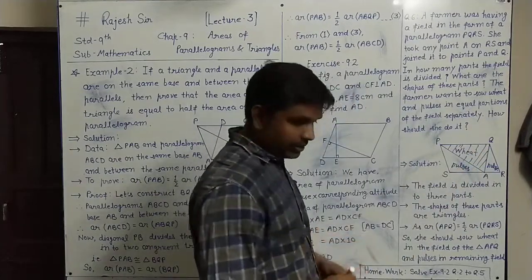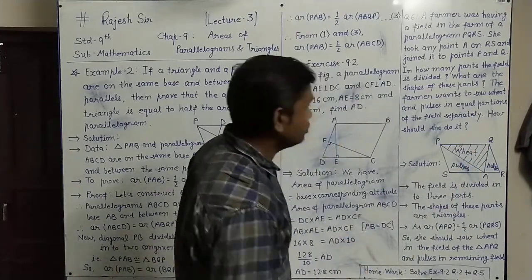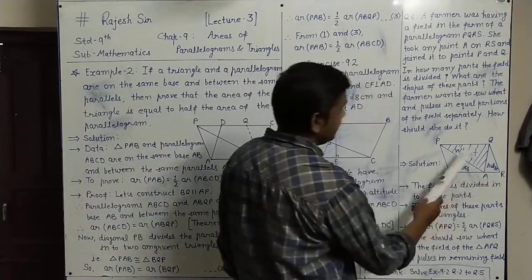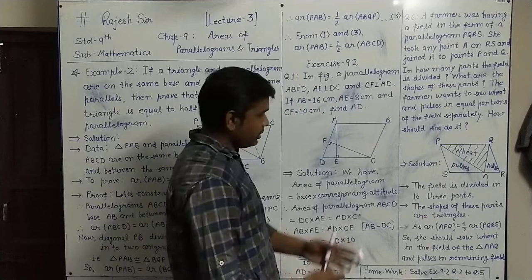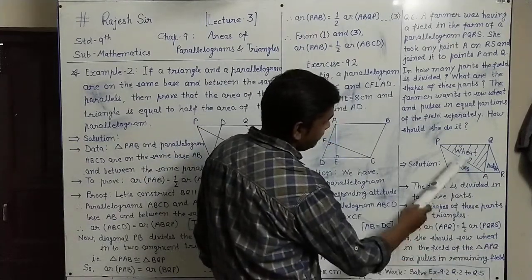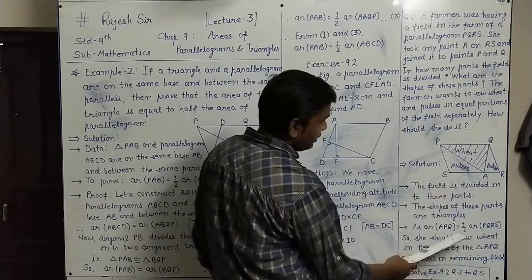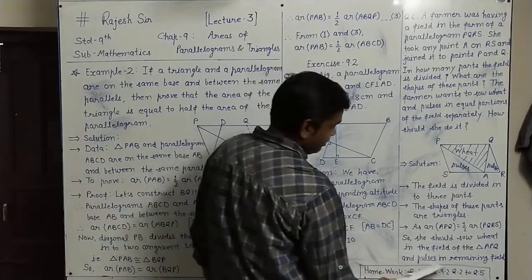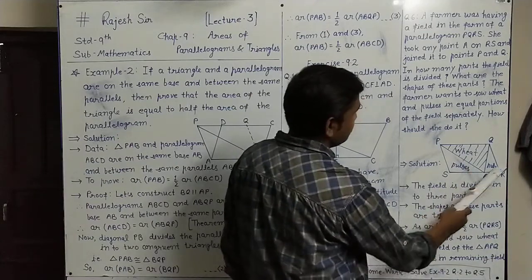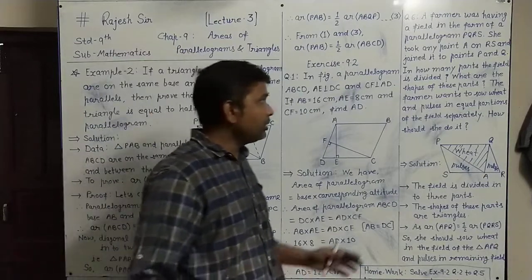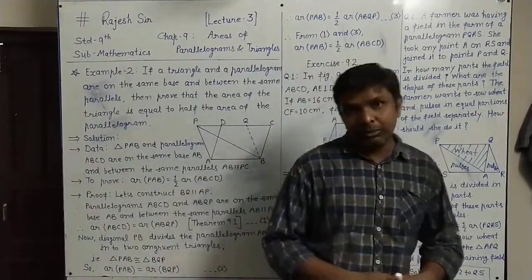That way she can sow half the amount of wheat and half the amount of pulses, which will be equal. So she should sow wheat in the field of triangle APQ. It will cover half the area of the whole PQRS, and the remaining half she should sow with pulses. So equal portions will be divided.